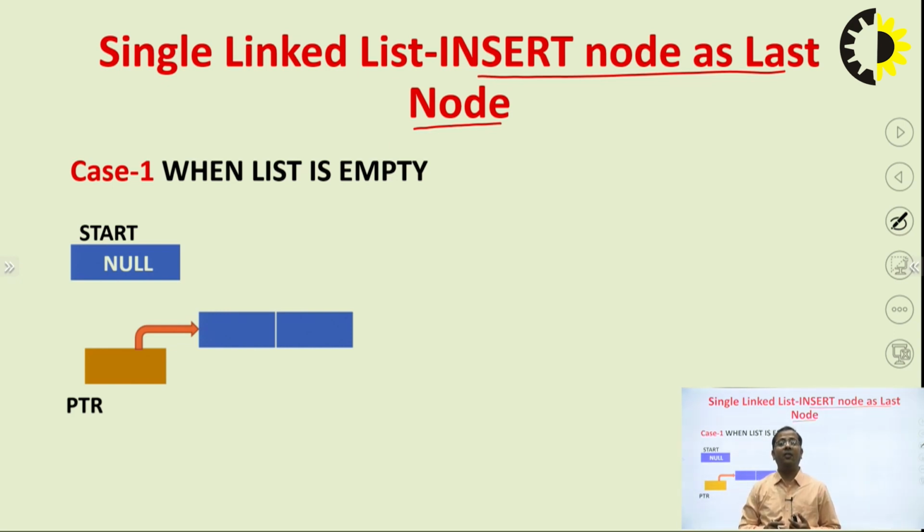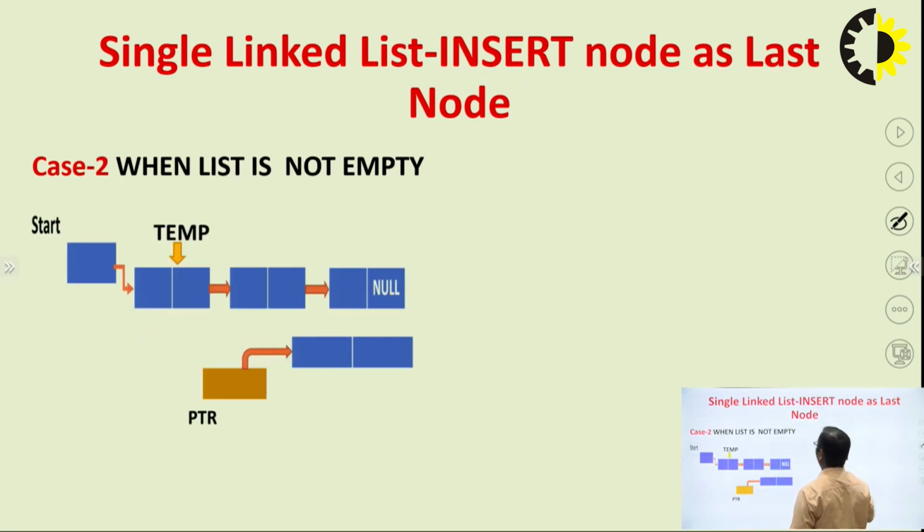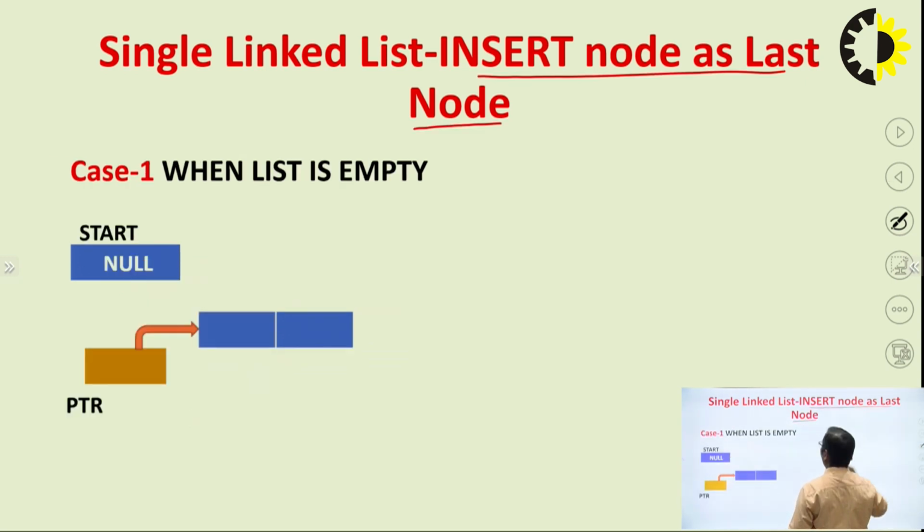When the list is empty, then insert a node as a last node will work as insert a node as a first node because the list is empty. And when the list is not empty, then we have to write different code to insert a node as a last node. So first we will cover the first case of inserting a node as a last node when the list is empty. Okay. Now here start contains the null.